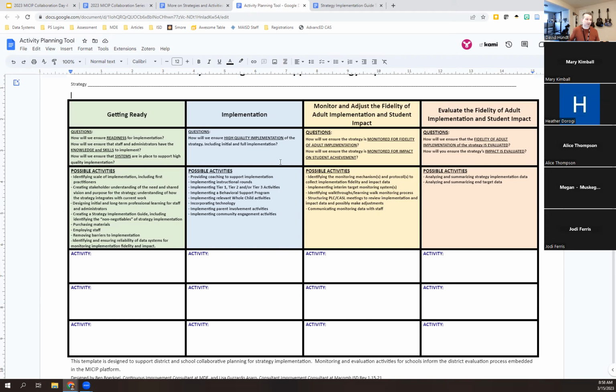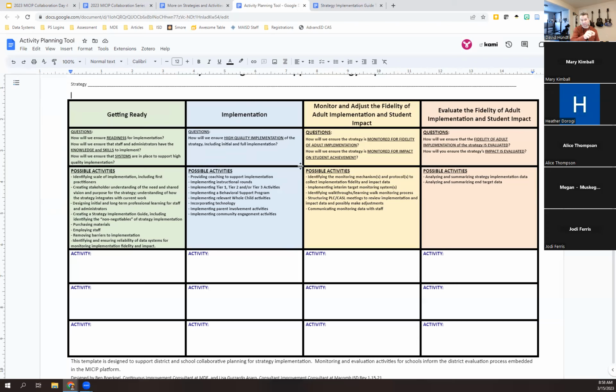So this is a great document. It goes through what questions you should ask, and then it gives examples for each of those different areas. When I'm in MICIP and I'm either putting some of these in myself or I'm working with a district, I'll actually encourage them to put what kind of activity is it? Is it a getting ready activity? Is it an implementation activity, or is it a monitoring activity?